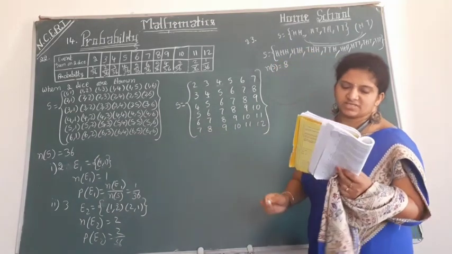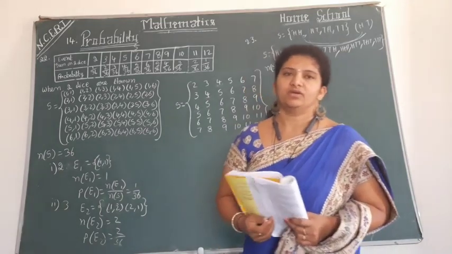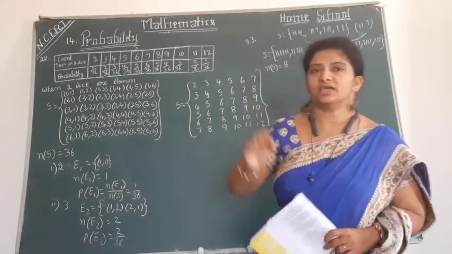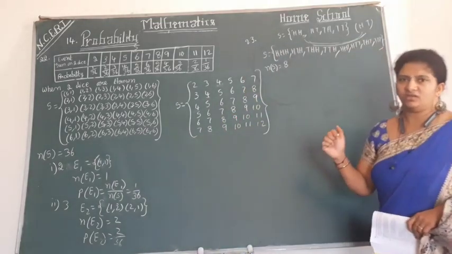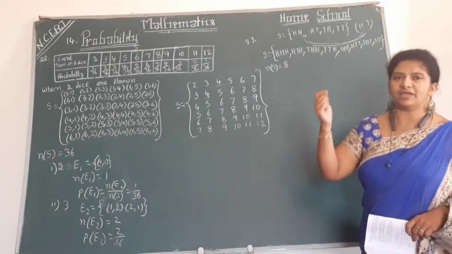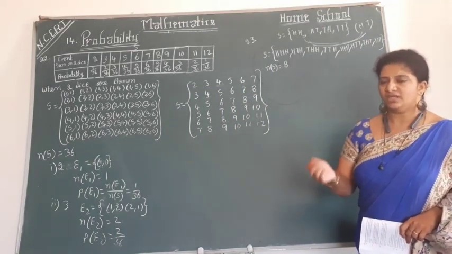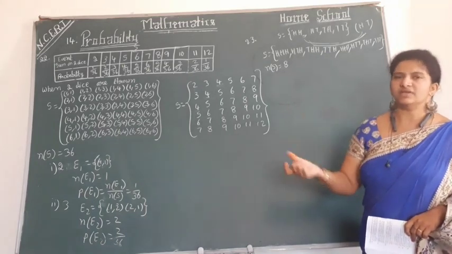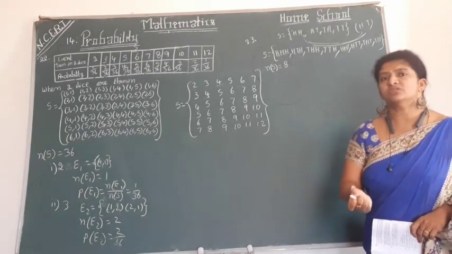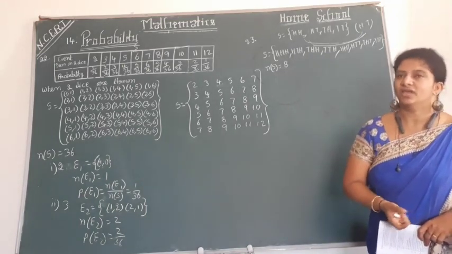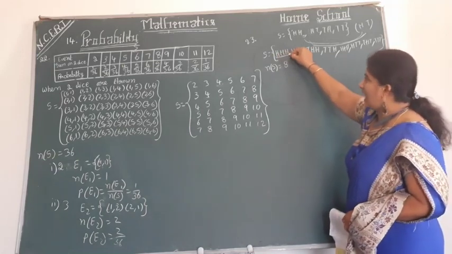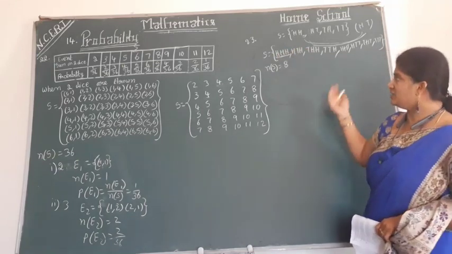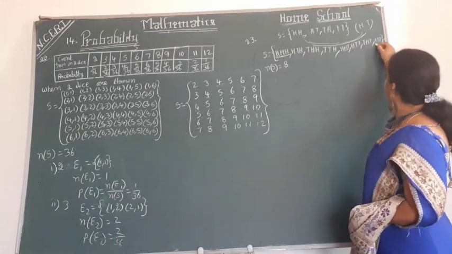Who is the person here? Hanif. He wins the game when he gets the same answer every time. When he tosses the coin, first time he may get head, second time also head, third time also head. If we get this option, one more we have the same chance set.